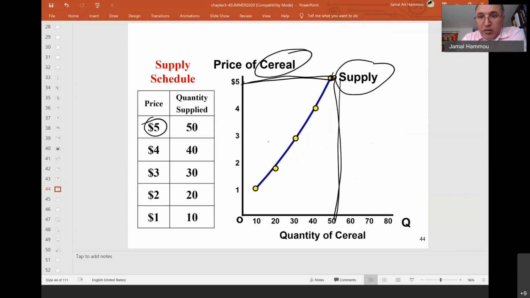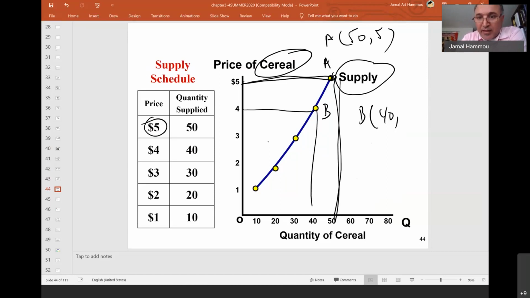Let's call point A: quantity equals 50 and price is 5. Then I can go to point B, which has a quantity of 40 and the price is 4. At the price of 3, point C, you have 30 and 3.